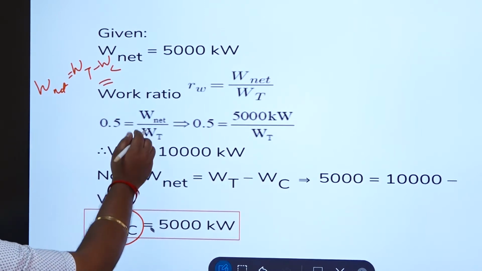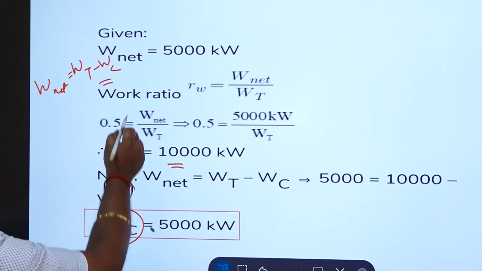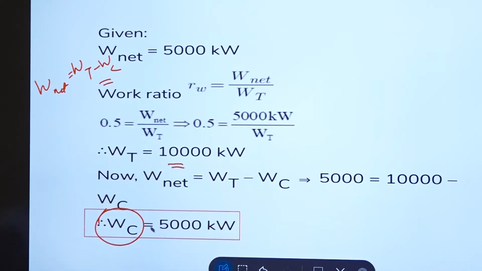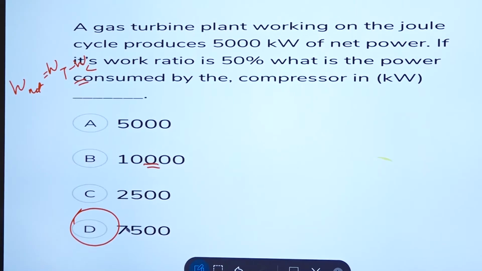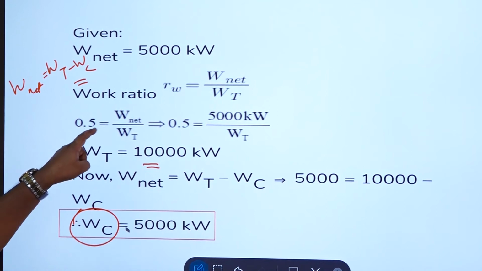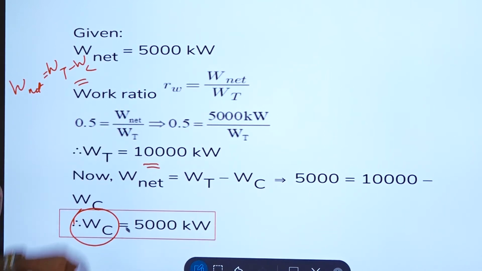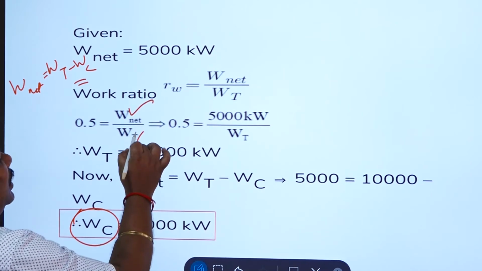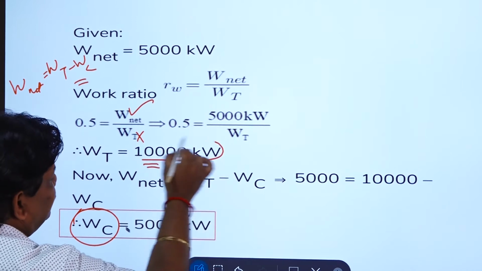You have to find the value of the turbine work. The work ratio is W net by WT, and the work ratio is 50%, so 0.5 equals W net by WT. W net is given to you, and the only unknown is WT, so you find the value of WT.